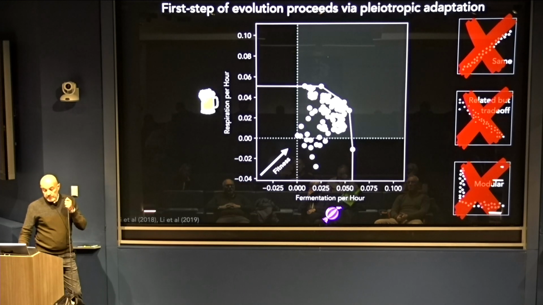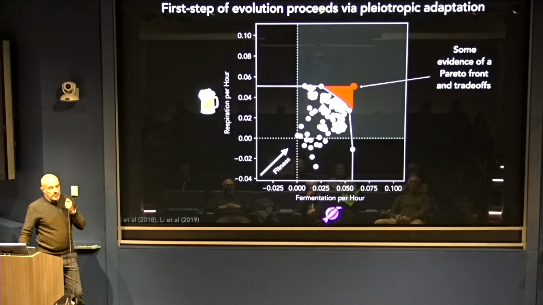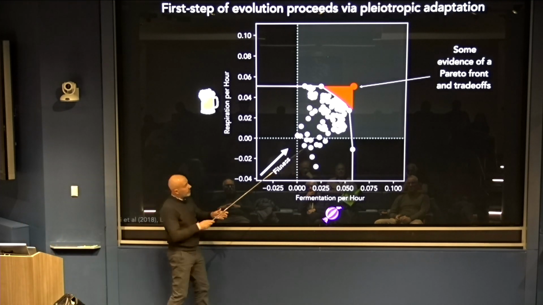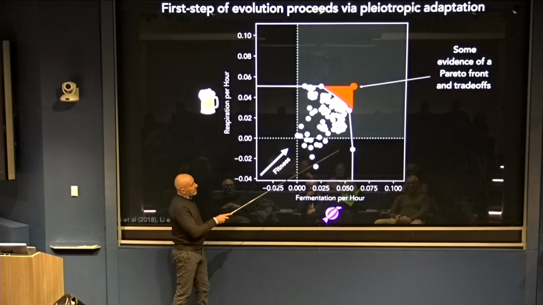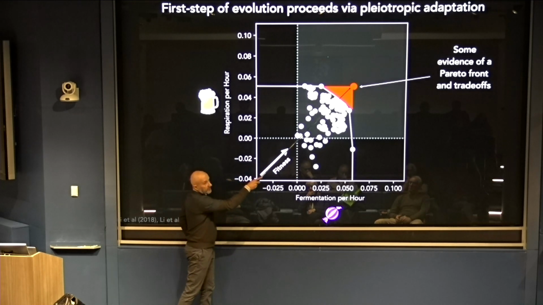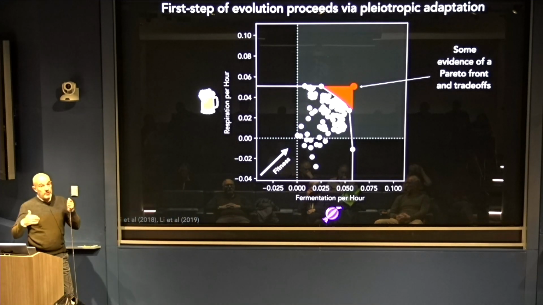So there's a little bit of evidence of a Pareto front: there were no mutations that were able to improve fermentation and respiration to the maximum possible observed degree. There was nothing here, and we know that we would have been able to see those mutations because they would have been really adaptive.